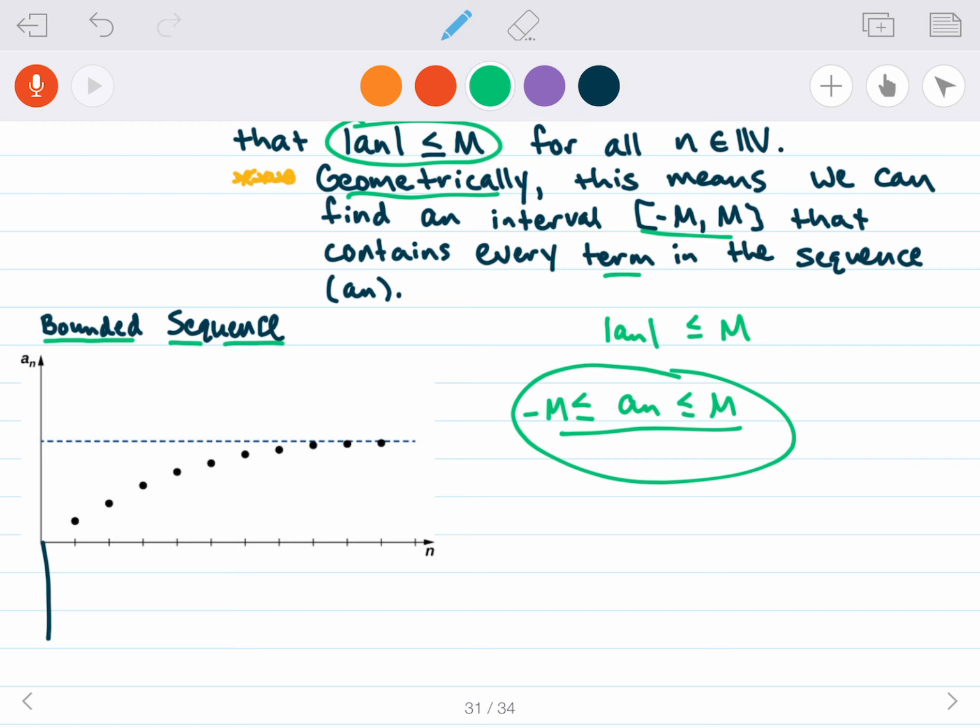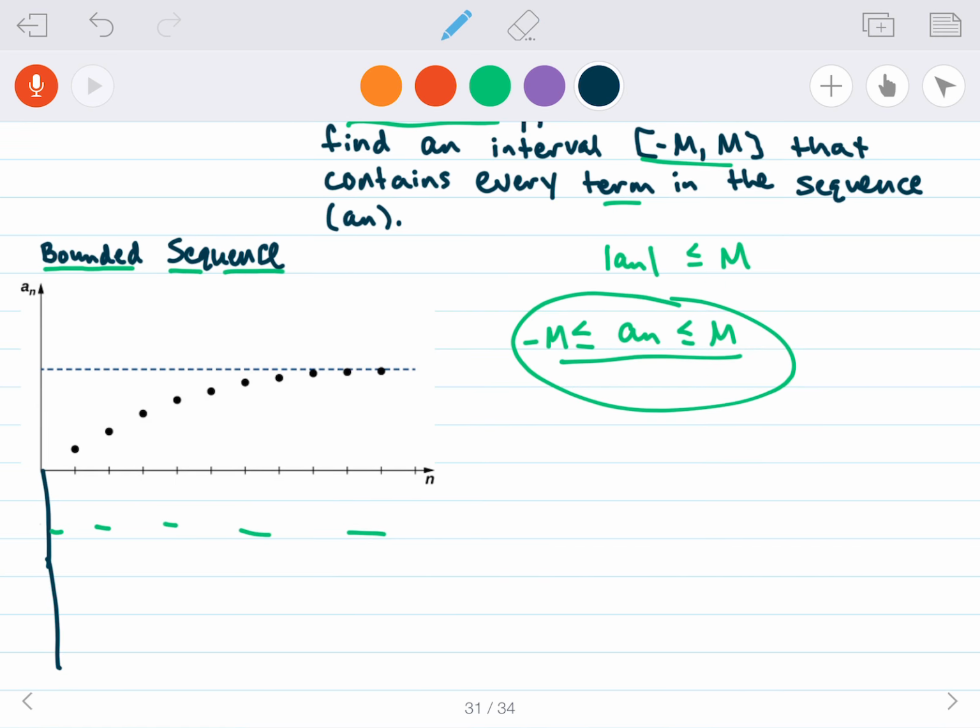Let's draw it better. I'll use the dotted line. That's M, and this is -M. My sequence is going to be completely contained between those two real numbers.